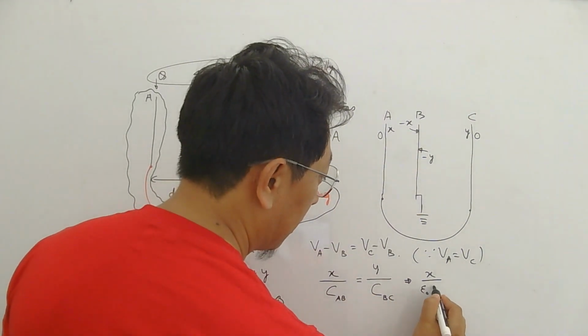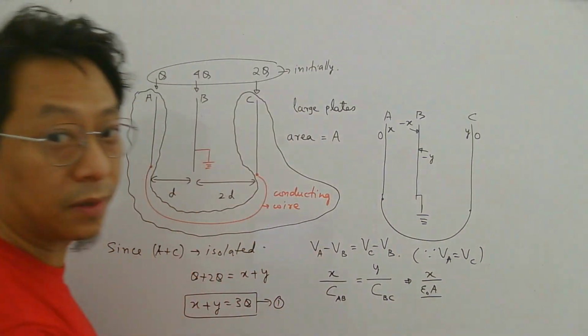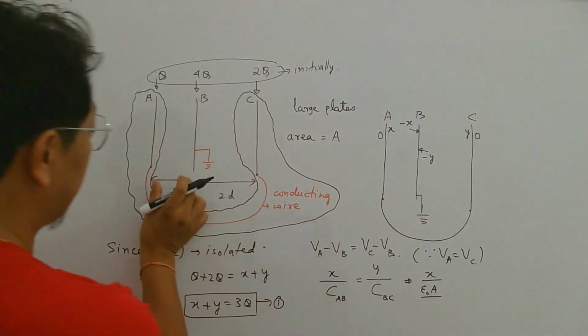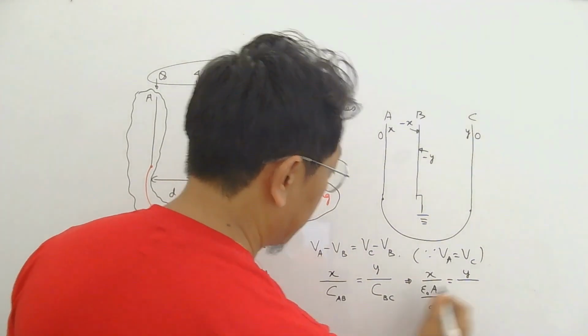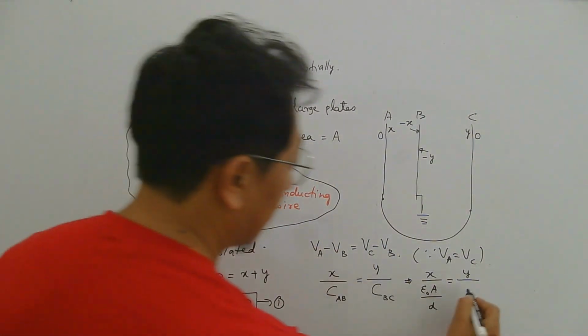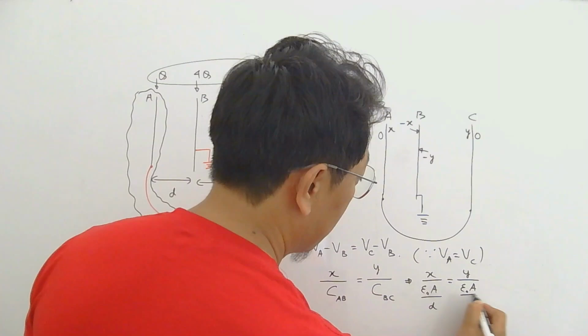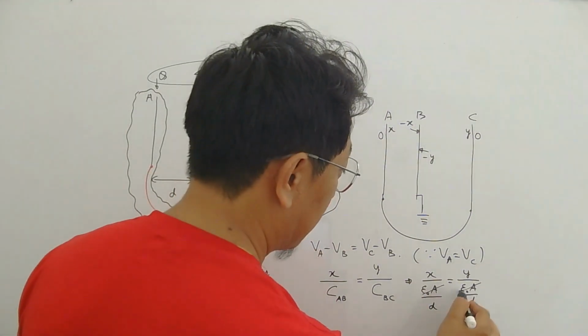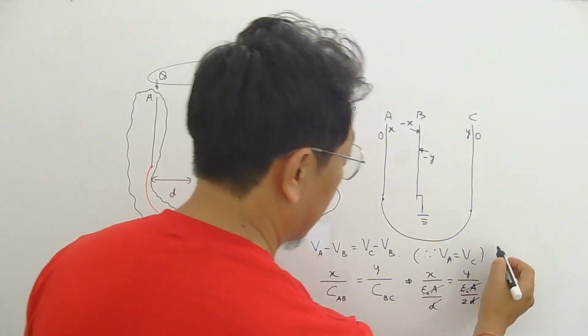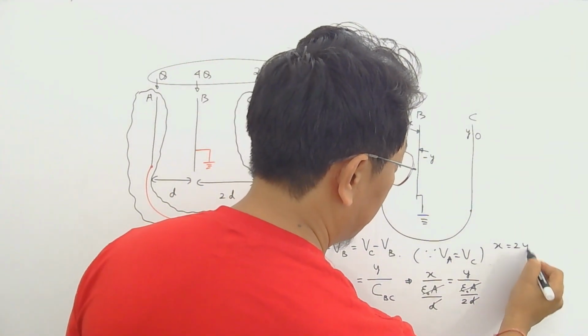Epsilon naught A by D. D is the distance between the plates, which is given as D, and the capacitance between B and C will be epsilon naught A by 2D, isn't it? D gets cancelled, 2 goes up, so X will be equal to 2Y.